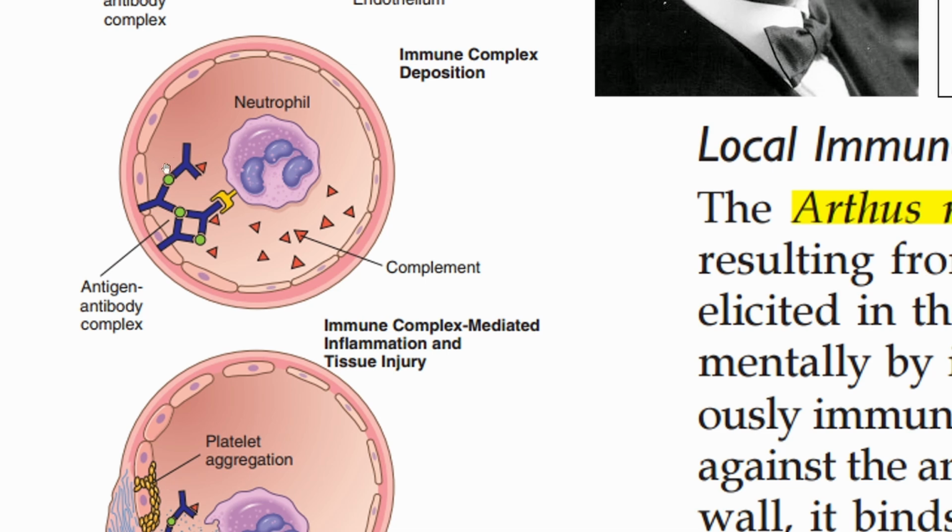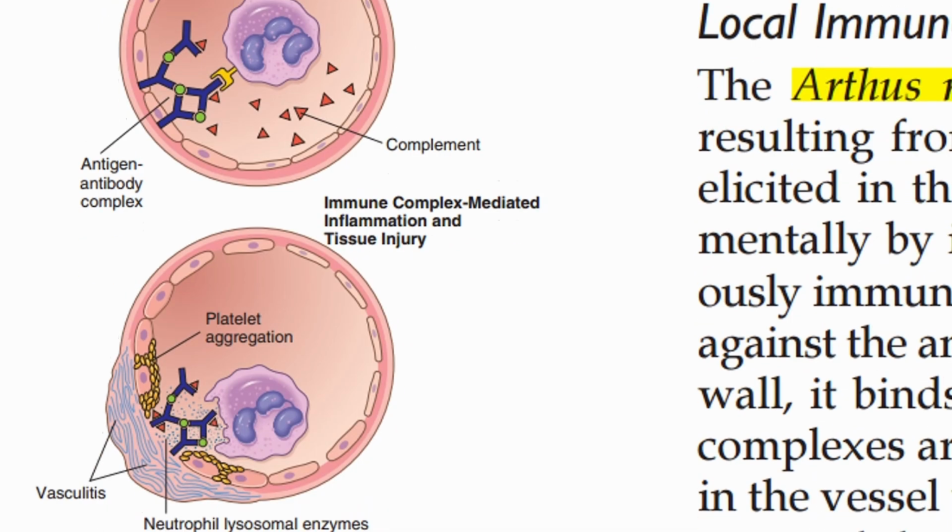Once these complexes are deposited, there will be activation of the complement system, and once the complement system is activated, neutrophils will come in and many cytokines and interleukins will be released. So overall this will cause inflammation like redness, then wheal and flare reaction. All this is happening because of this complex formation.